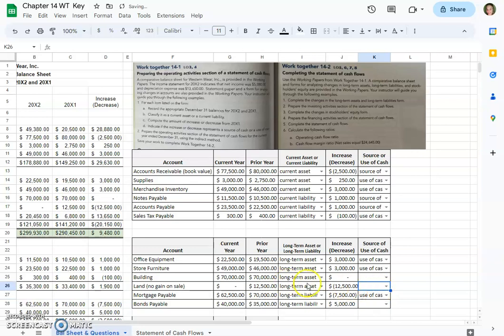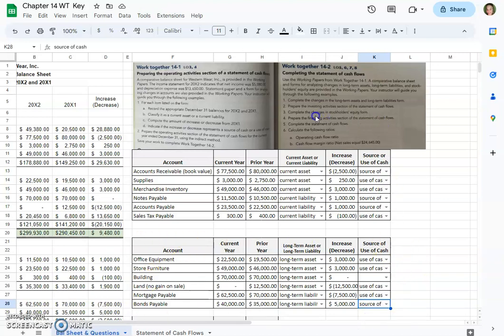And same thing here where the land is a use of cash. It looks like we paid it off, or we sold it, I guess, if land is an asset. Okay, bonds payable, that balance increased over time, so it probably is a source of cash. And that is the end of this little section.